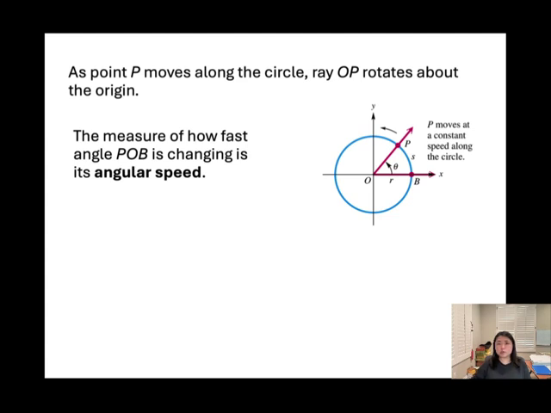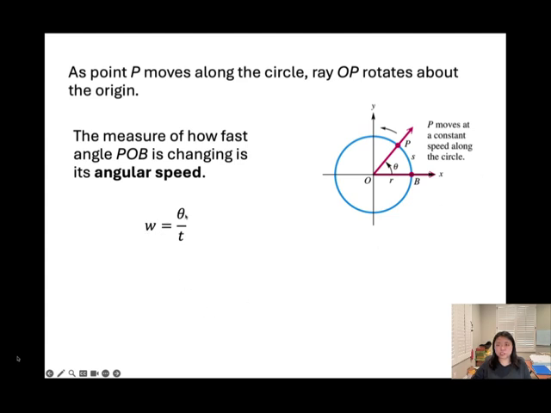As point P moves along the circle, OP rotates about the origin. So it's going to be moving this way. The measure of how fast the angle POB, the theta, is changing is called angular speed. Angular speed, we're going to use the W to represent it.